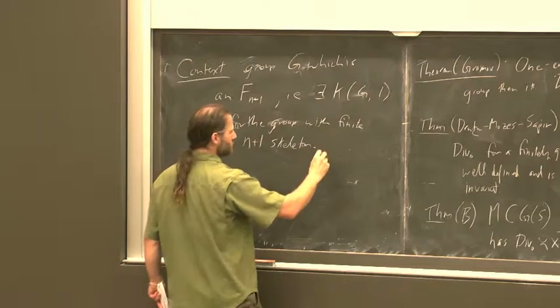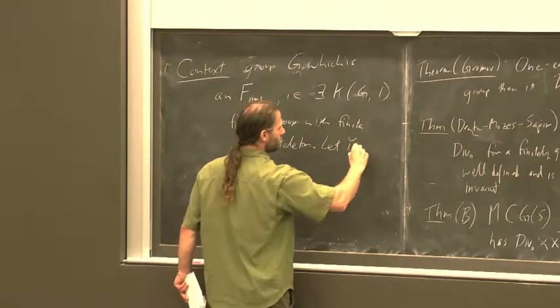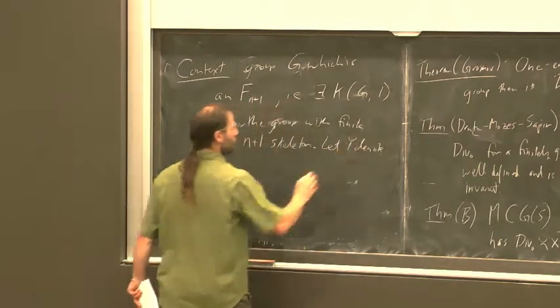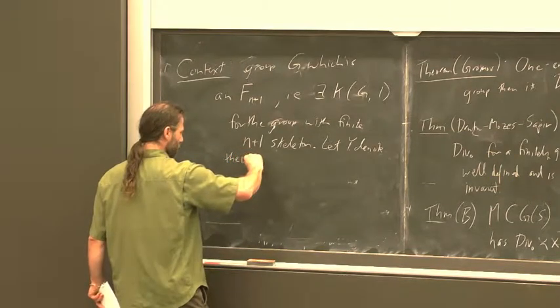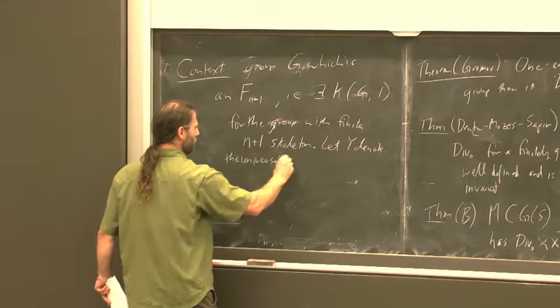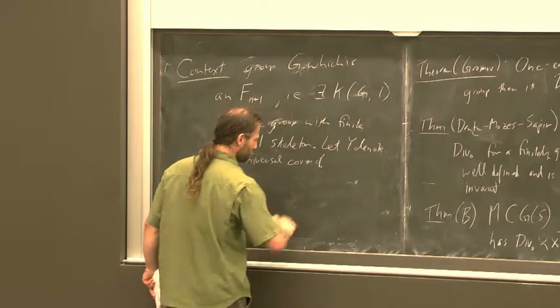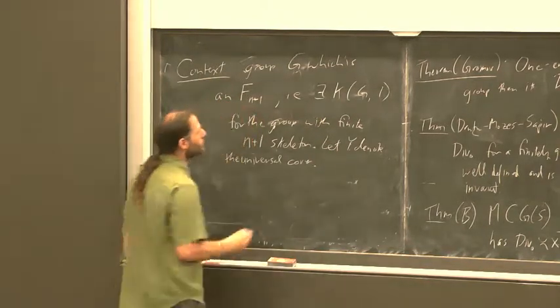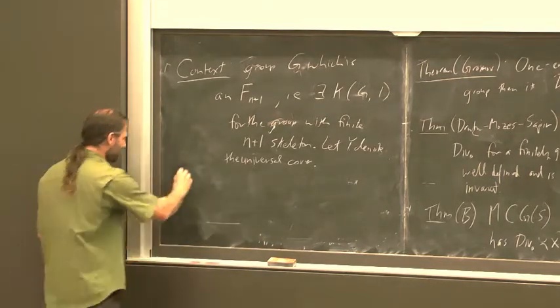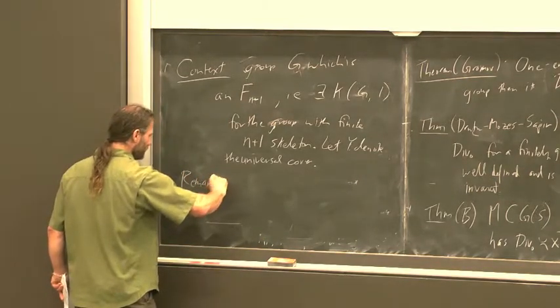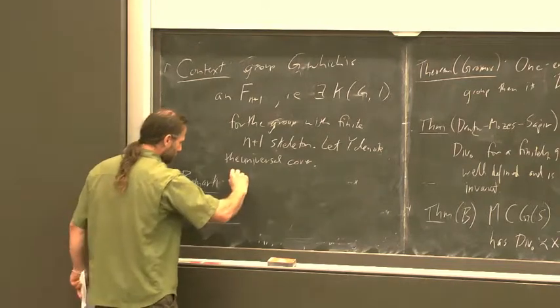For the next few minutes, I'll let Y denote the universal cover of this K(G,1). All right, so that's the context, and then the remark is that Epstein-Thurston.